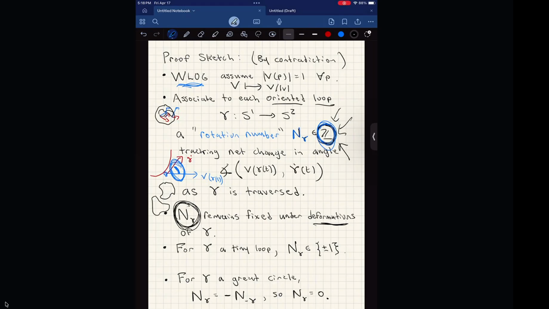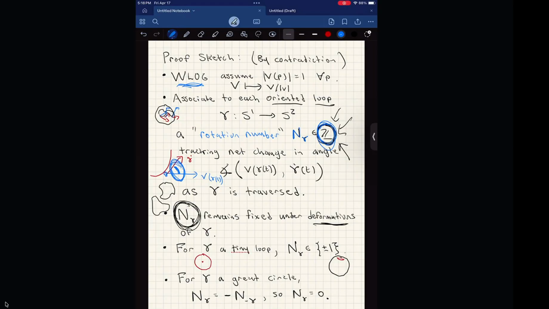And so now the game becomes taking a fixed curve and deforming it in various ways so you can actually figure out what this rotation number is. So on your sphere, red is supposed to be my little curve. If I take a curve and move it to be a tiny circle about a point on the sphere, things are looking more and more Euclidean.